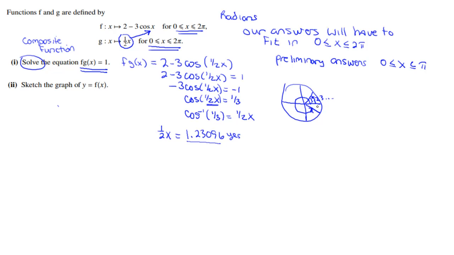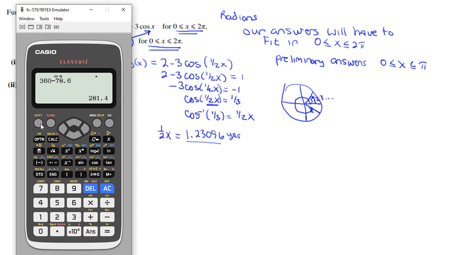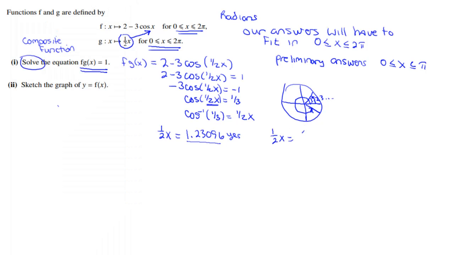I look at the other angle for cosine, and I make sure I'm in radians. I do 2 pi minus this 1.2309, and I get 5.05. Now you'll notice that's bigger than 3.14, or pi.